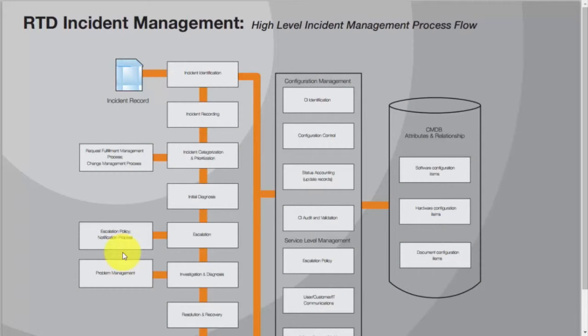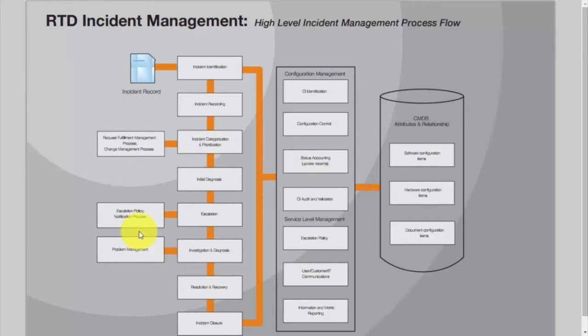There will be times when, after the initial diagnosis is done, it becomes apparent that the incident needs to be escalated. And so the appropriate individuals would then need to be notified of that process. So you can see the relationships very clearly using this diagram.